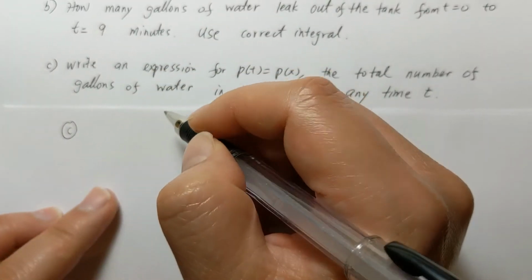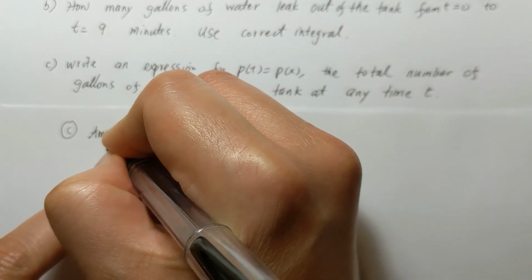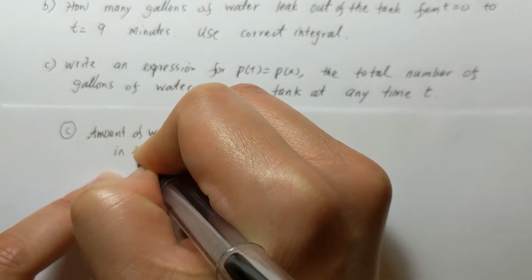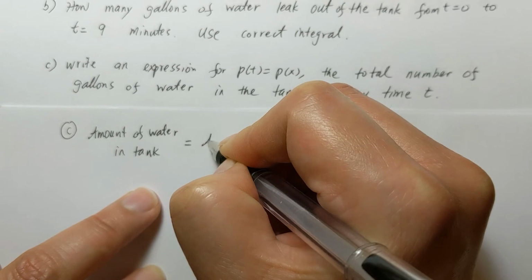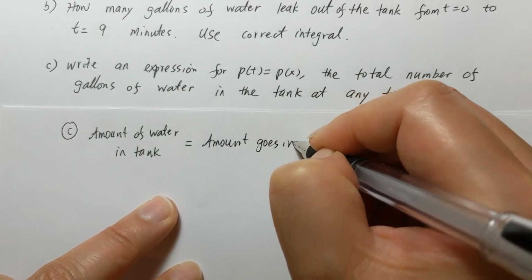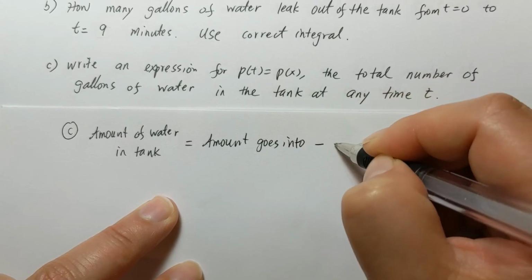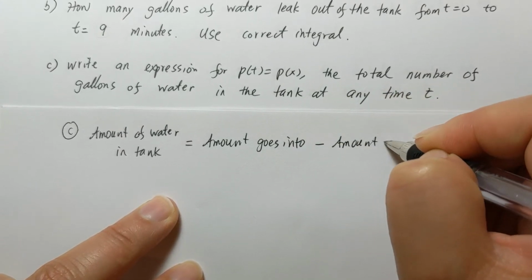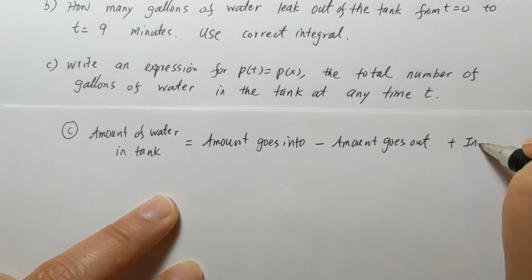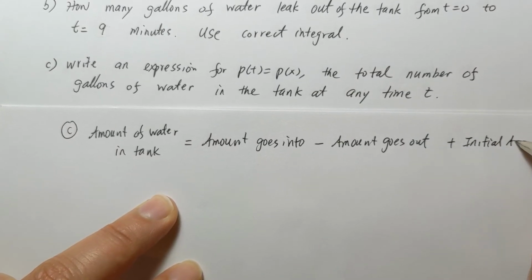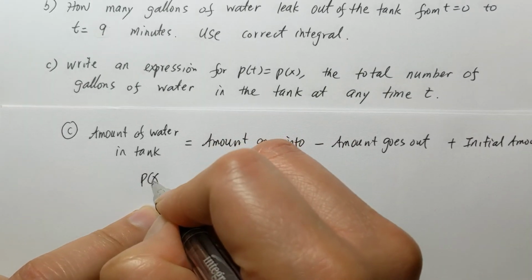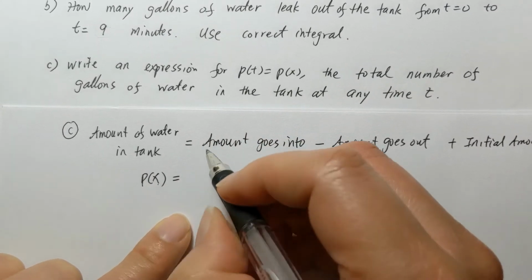So we're going to use a relation: the amount of water in the tank equals the amount that goes into the tank minus the amount that goes out of the tank, plus the initial amount. So we put P of x for any time t.